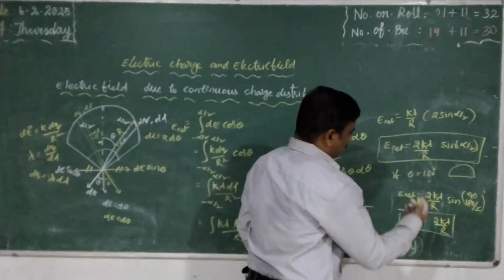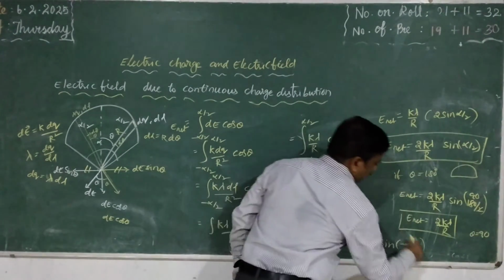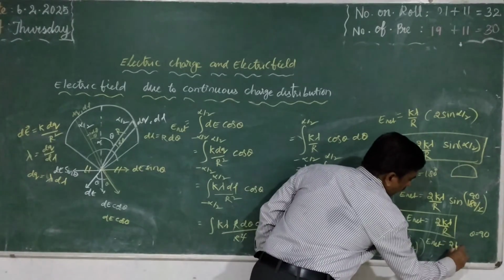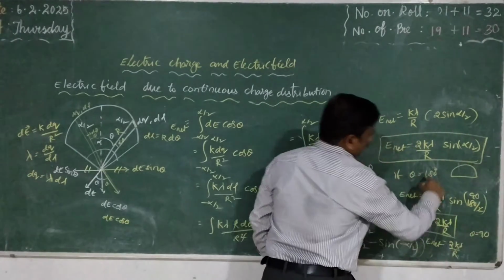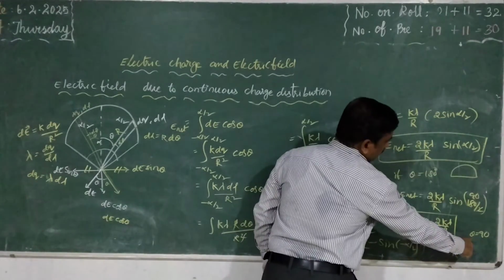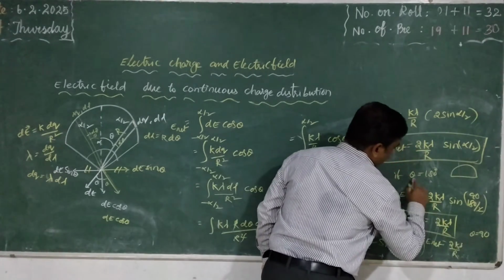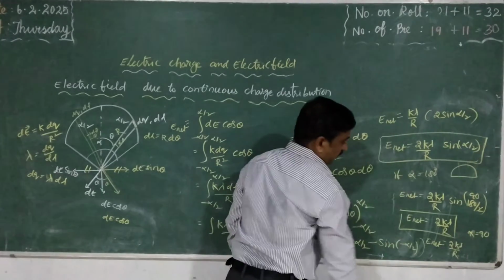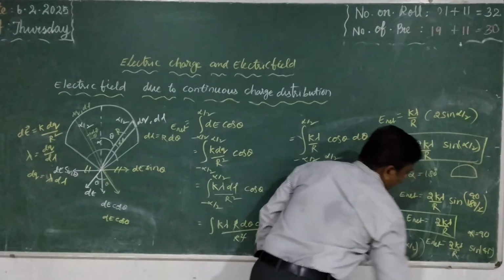Now take alpha equal to 90, which means a quadrant. E net equals 2k lambda by r sin alpha by 2, where alpha is 90. So sin of 90 by 2, that is sin 45, which is 1 by root 2.